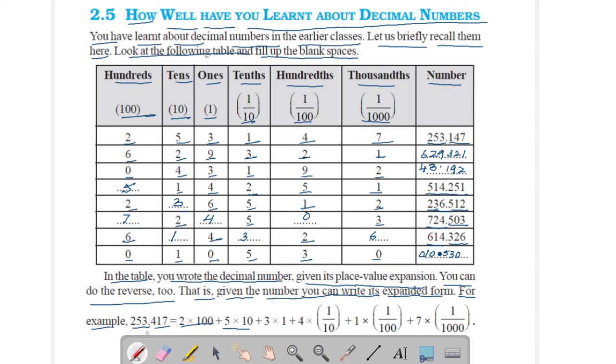Then again plus 3 is on ones place, you have to multiply it by 1. It can be written as 3 into 1 plus 4. 4 is on tenths place, so it will be multiplied by 1 upon 10. So this can be written as 4 into 1 upon 10 plus 1.